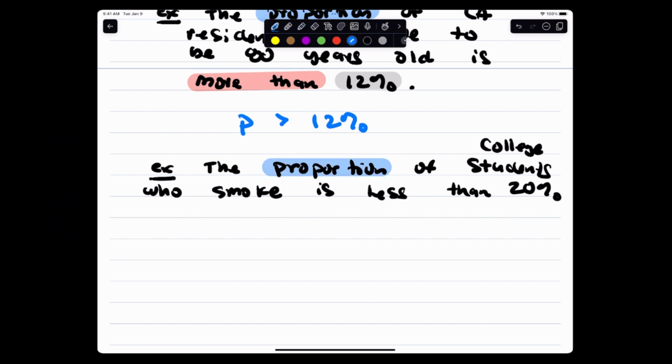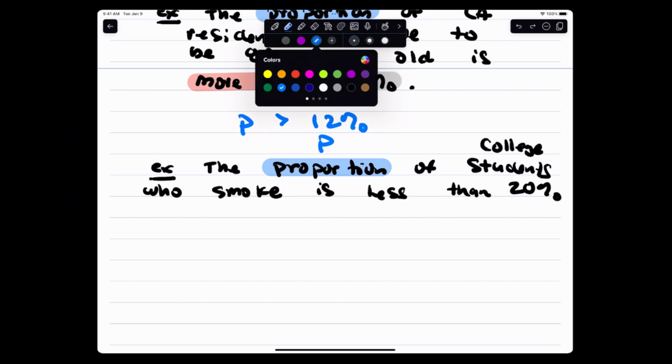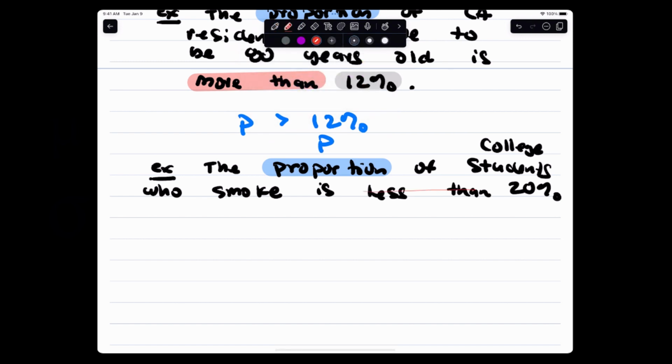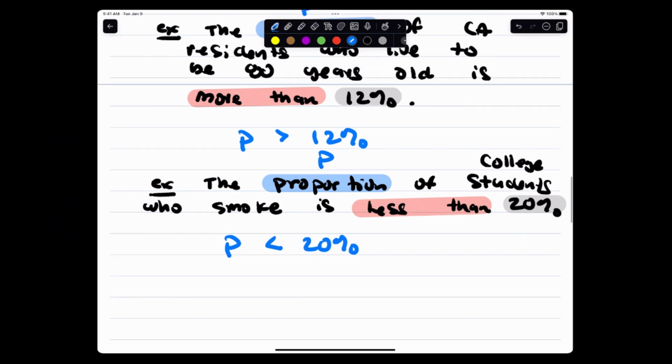Proportion what? P. What's this? Less than. Less than what number? 20%. P less than 20%. So you guys have that less than sign.